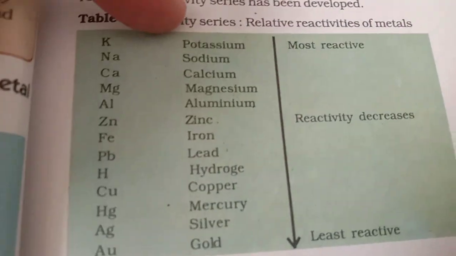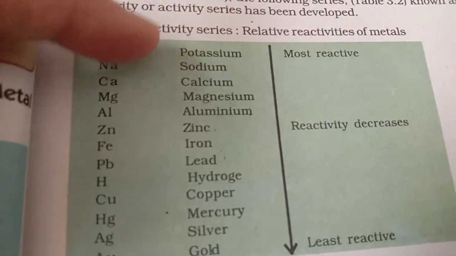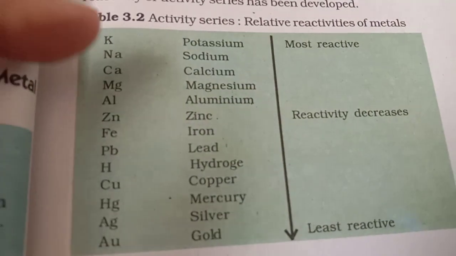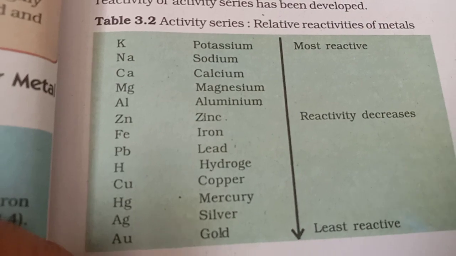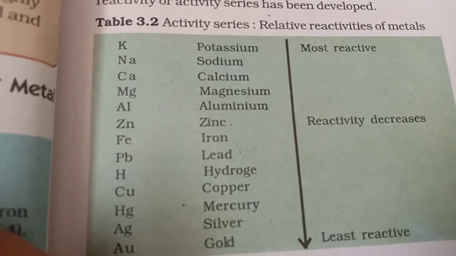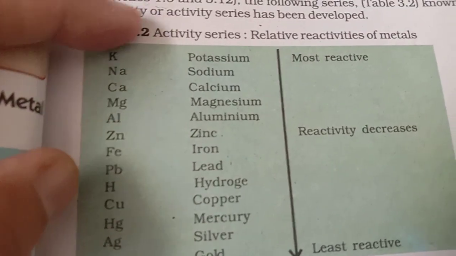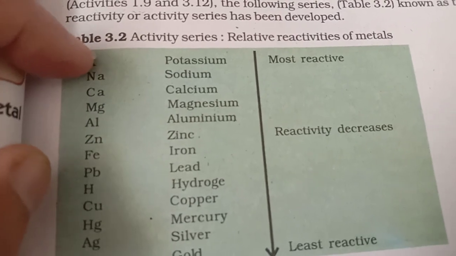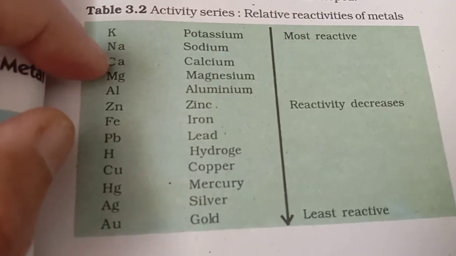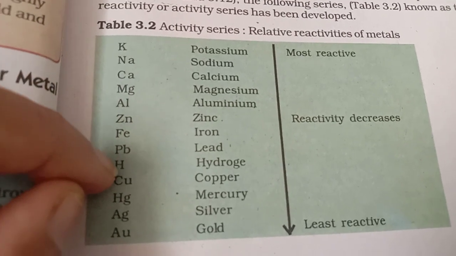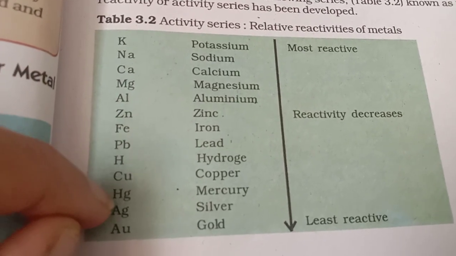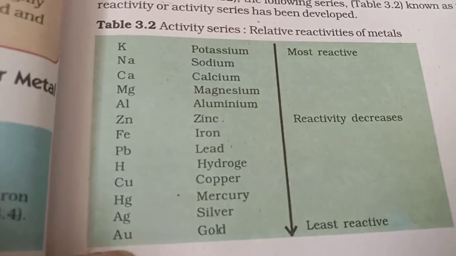Children, you will have to memorize this reactivity series, and with its help you will be able to know which metal can be displaced. Here, potassium is the most reactive, then we have sodium, calcium, magnesium, aluminium, zinc, iron, lead, hydrogen, copper, mercury, silver and gold.